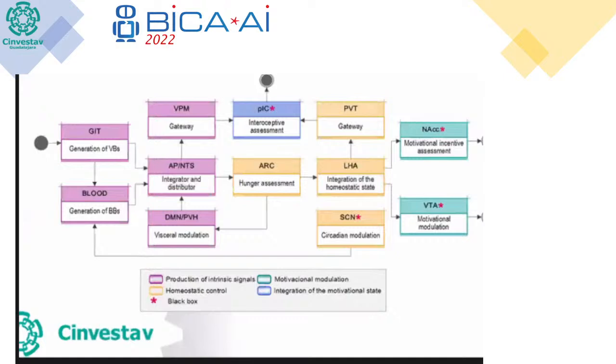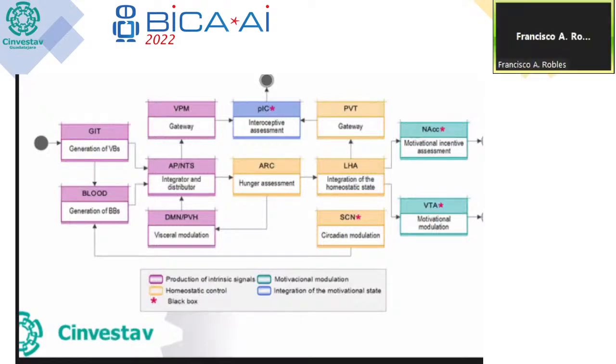VPM is the ventral posteromedial nucleus of the thalamus. Area postrema and nucleus tractus solitarius, APNTS, integrates chemical and viscerosensory information by modality and objective from feeding and fasting states.